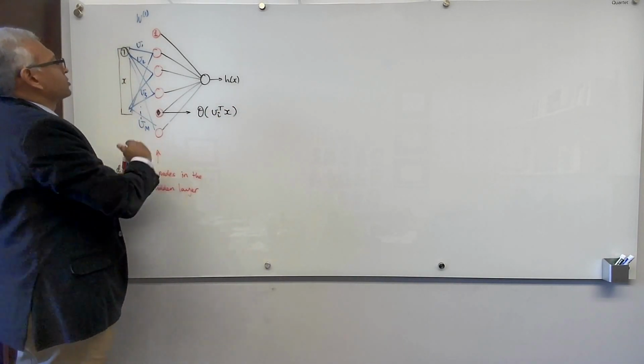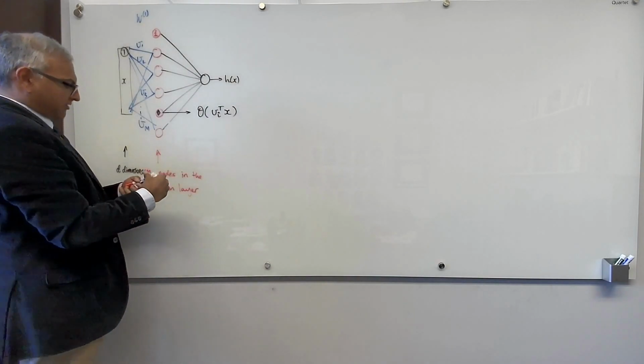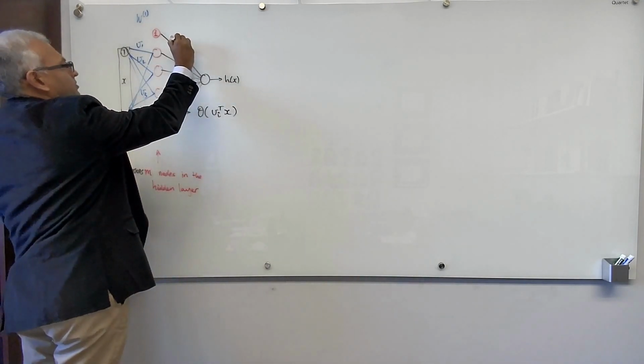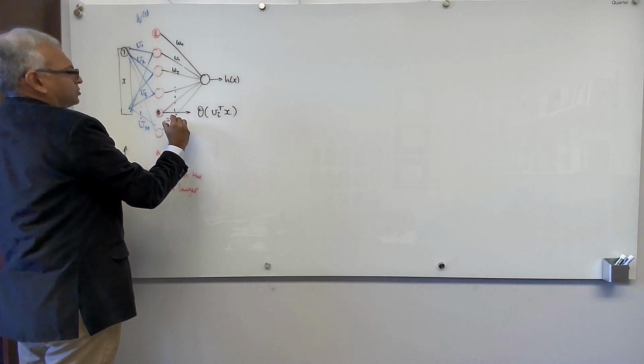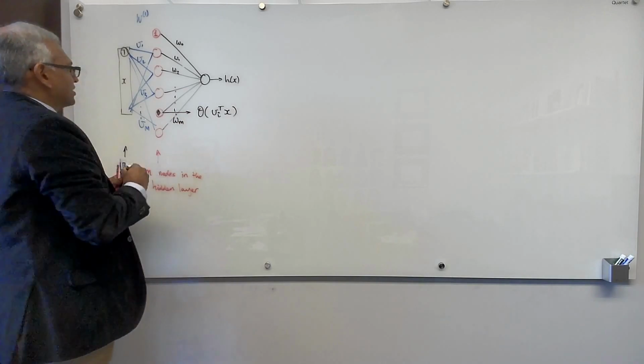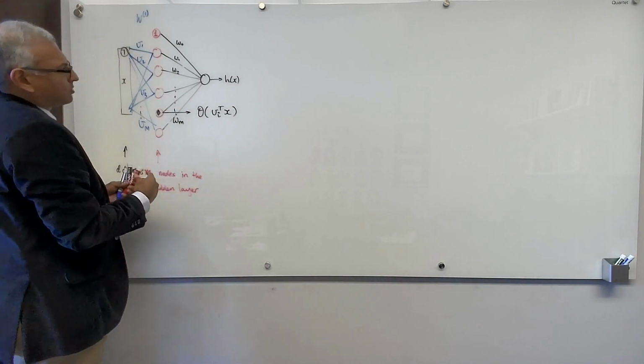Then we'll call these weights W. So you have W0, W1, W2, and so on up to Wm, because you have m hidden units. And so what is H of X?